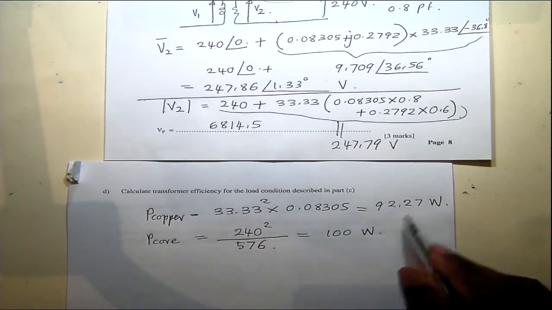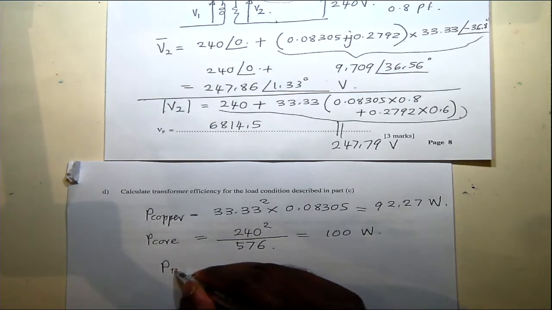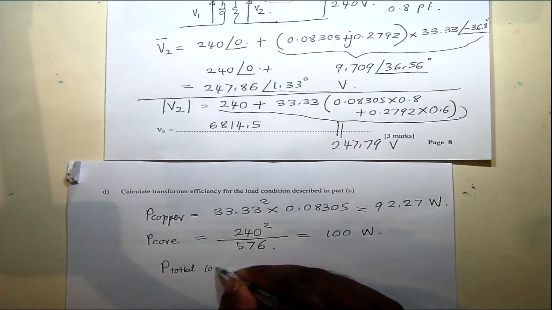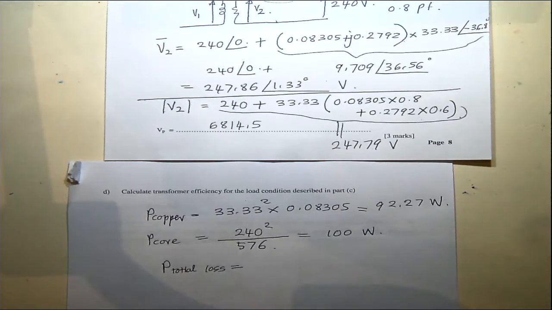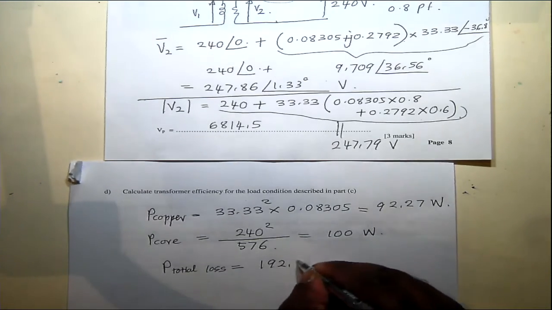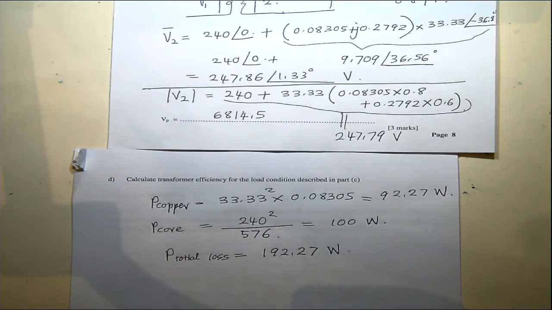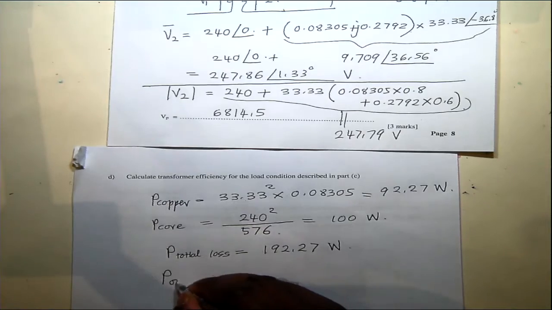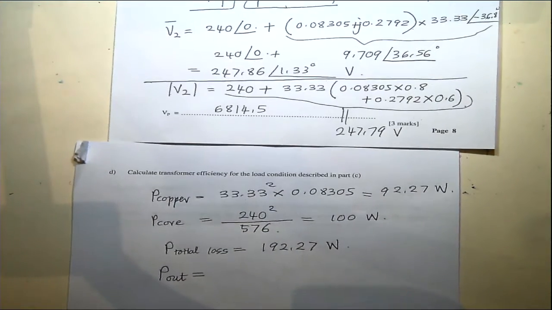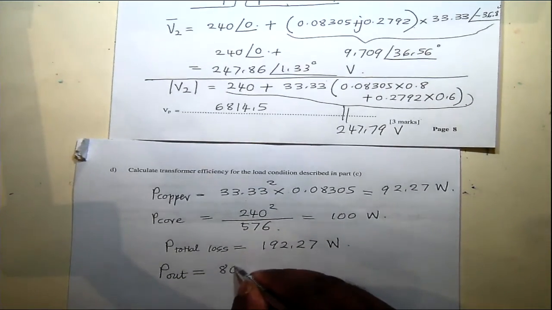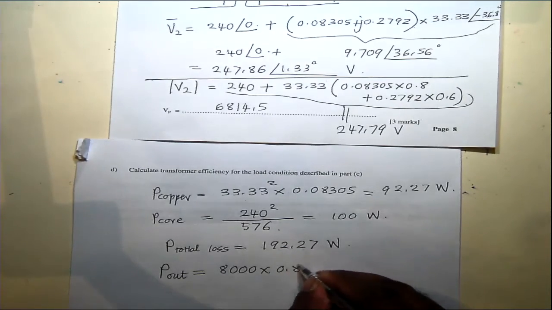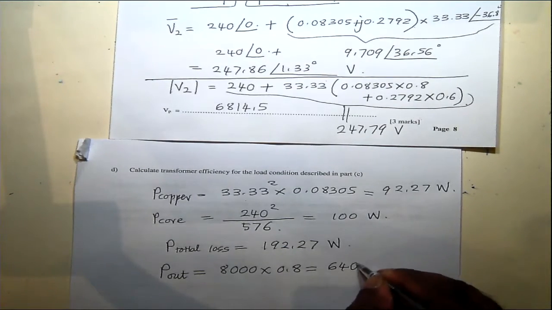And the total losses is the sum of this. So P total loss is 192.27 watt. And the output power, so it says it supplies a load of 8 kVA at a power factor of 0.8. So the output power will be 8 kVA times 0.8, which is 6,400 watt.